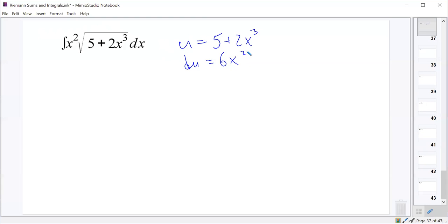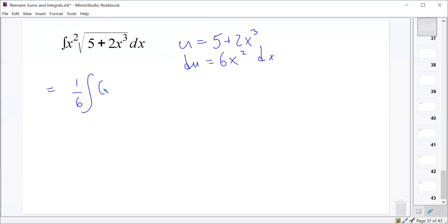6x squared dx. We don't have a 6x squared in there, but we can build the 6x squared dx into there by throwing a 6 into it. If we put a 6 on the inside, then what do we need to do with the outside of the integral? Put a 1/6 outside.